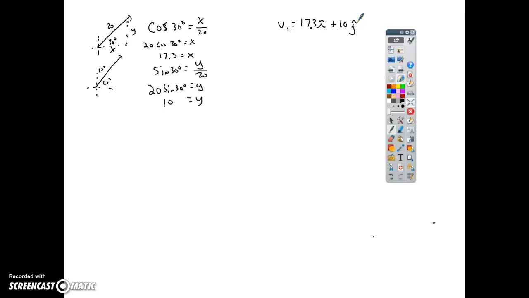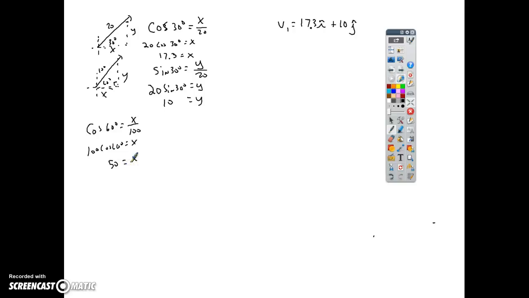So now I'm going to go back over here. I got to do the second one. Walk me through the second one. So to get x, I would do what? Cosine of 60 degrees, x over 100. 100 cosine of 60 degrees would be equal to 50, you said?